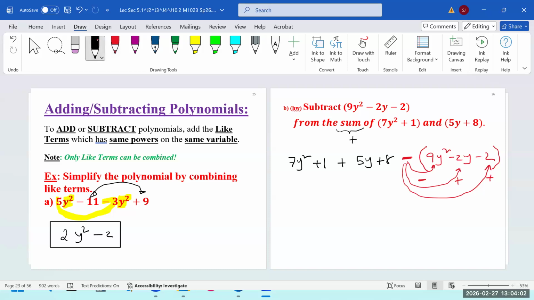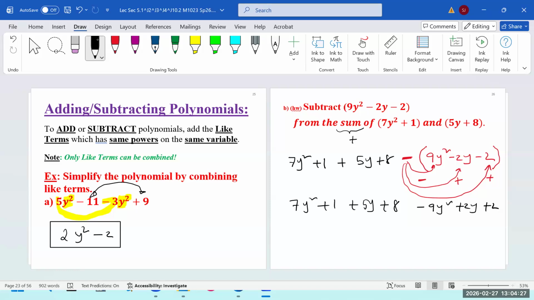So at the end, we have minus 9y squared plus 2y and plus 2 for the subtraction. And we have 7y squared plus 1 plus 5y plus 8. So now we have the entire thing without any parentheses.